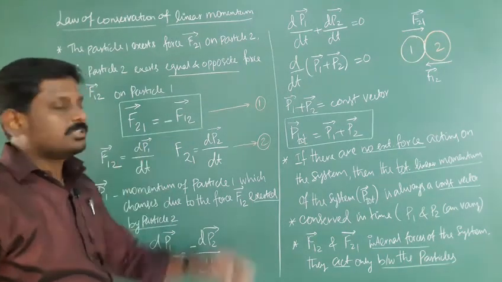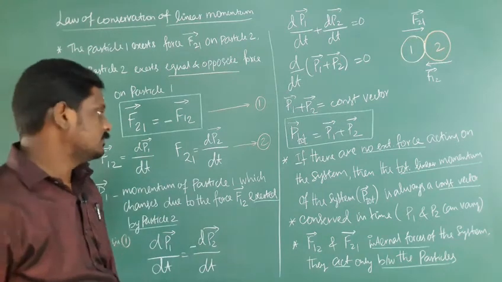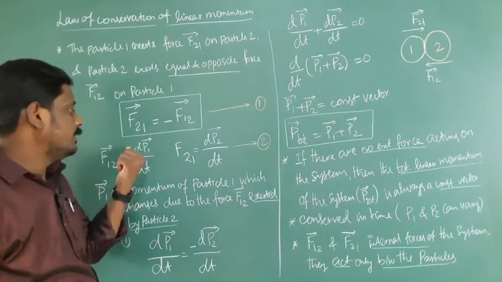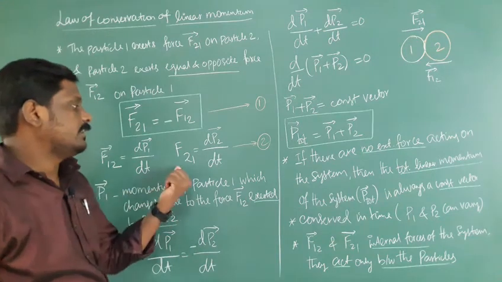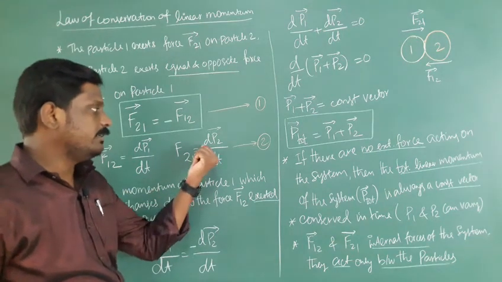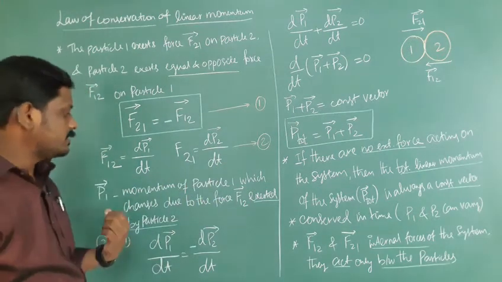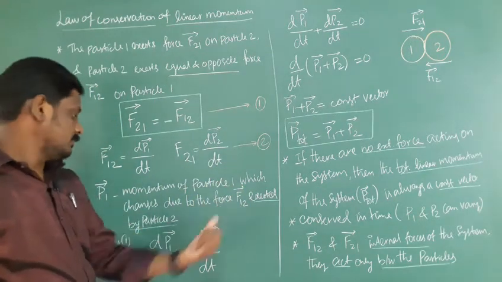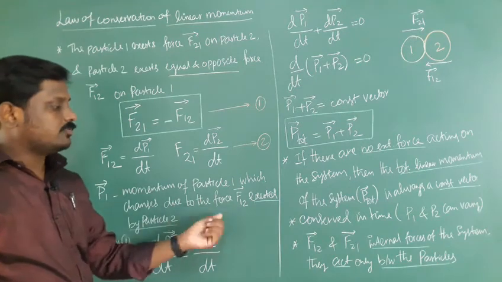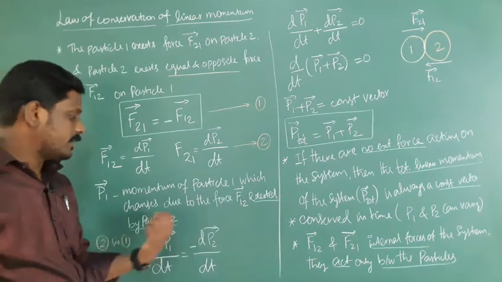Then in terms of momentum, that is Newton's second law. F12 equals dP1 by dt, and F21 equals dP2 by dt, the differentiation of momentum. P1 is the momentum of particle 1, which changes due to the force F12 exerted by particle 2.